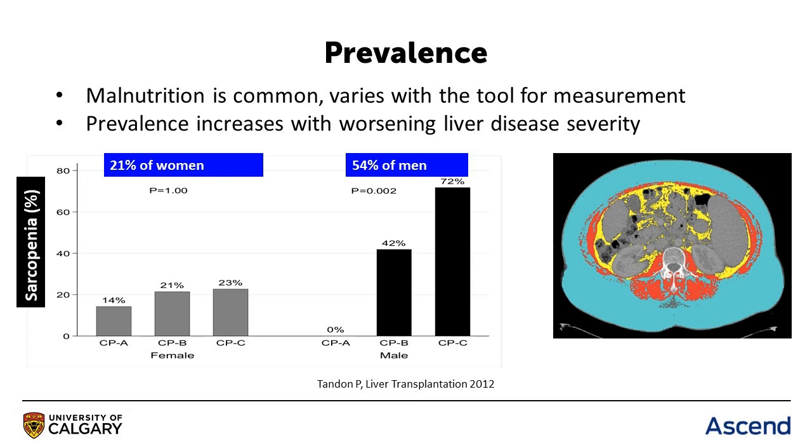Worsening severity is when you're at the C, and the compensated patients who don't have ascites or anything, they're the A's. So you can see that the prevalence really increases quite significantly. By the time you're at C, you are definitely sarcopenic and malnourished. Okay? So the prevalence is very high of malnutrition, significantly higher, I would say, than the inflammatory bowel disease group that we're dealing with.